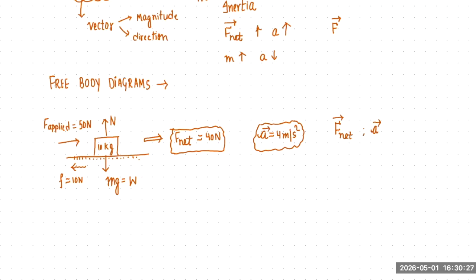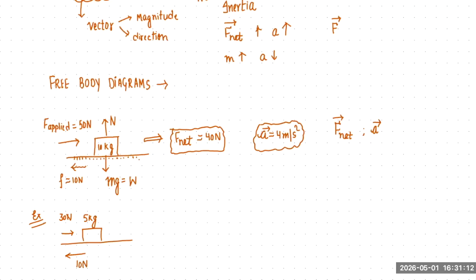Now let's solve a quick example. Suppose a 5 kg block is on a frictionless table. It means there is no friction. Two forces are acting on it. One is 30 Newton to the right and 10 Newton to the left. This time it's not a friction force, but both are applied forces. As the table is frictionless, there is no friction.